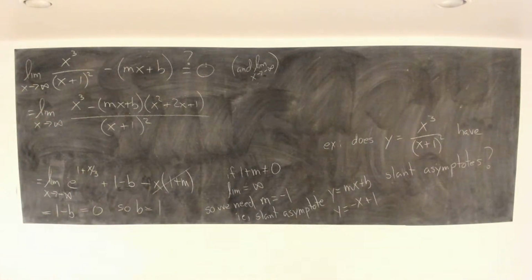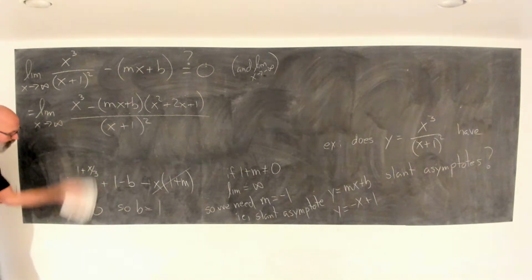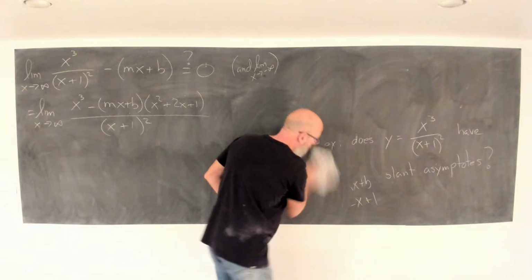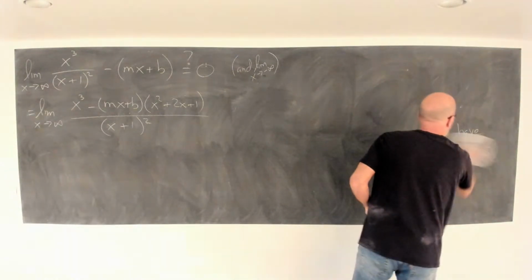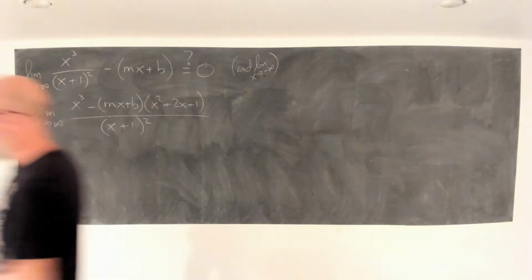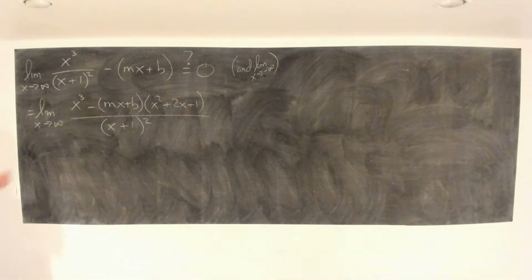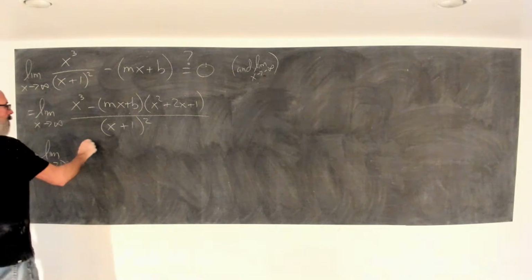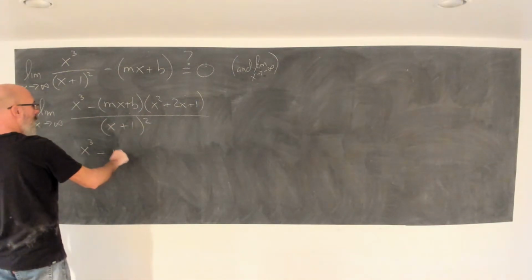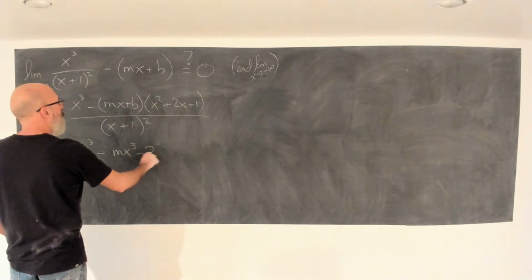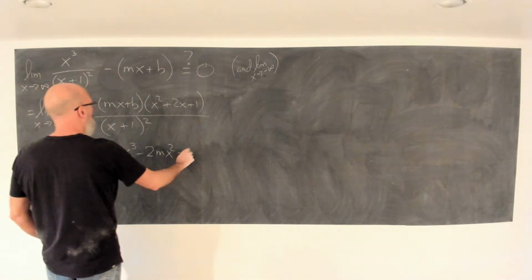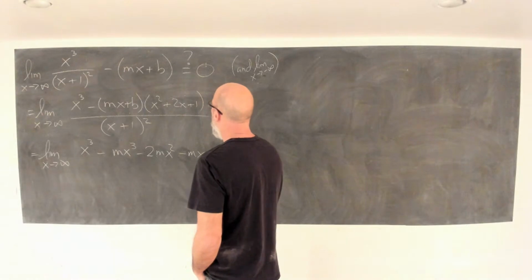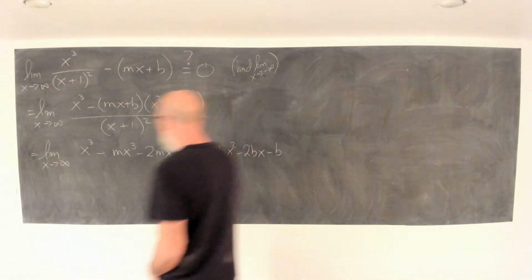Put everything over a common denominator. Expand. So mx cubed minus 2mx squared minus mx minus bx squared minus 2bx minus b.